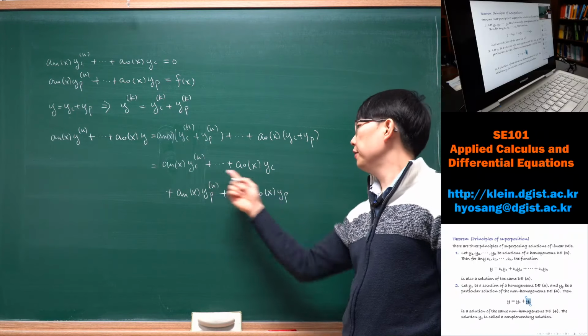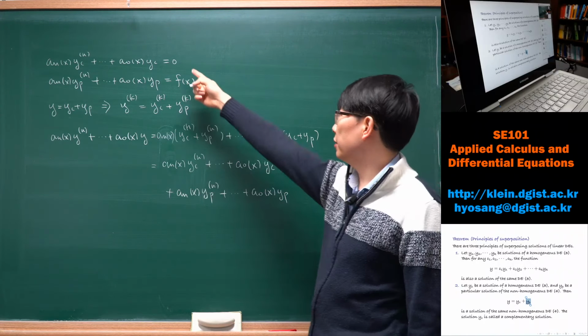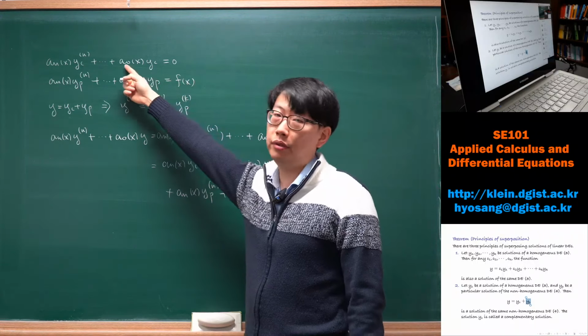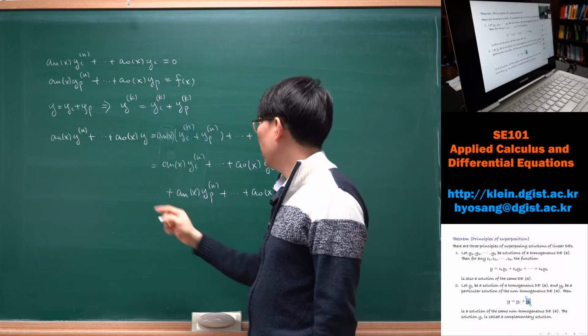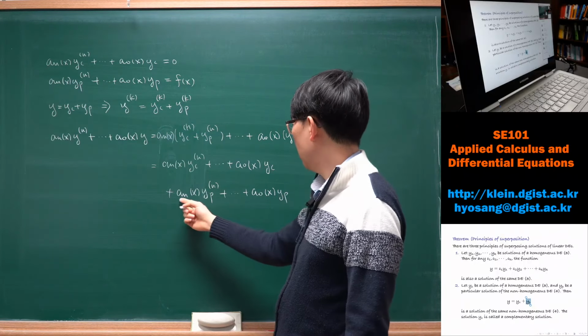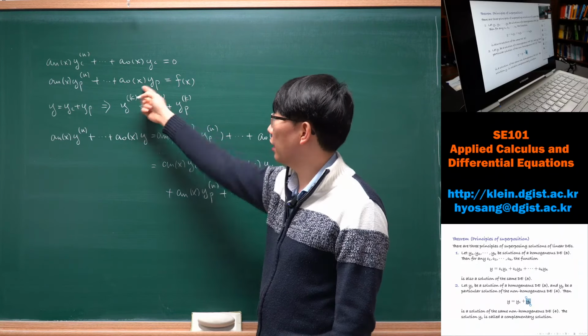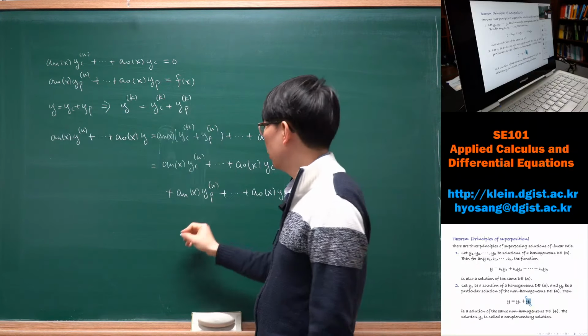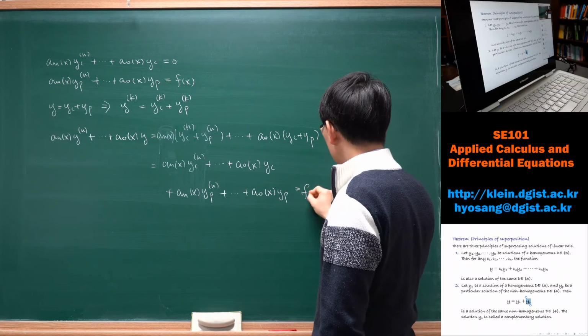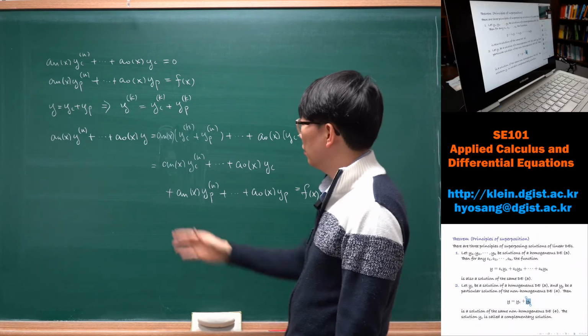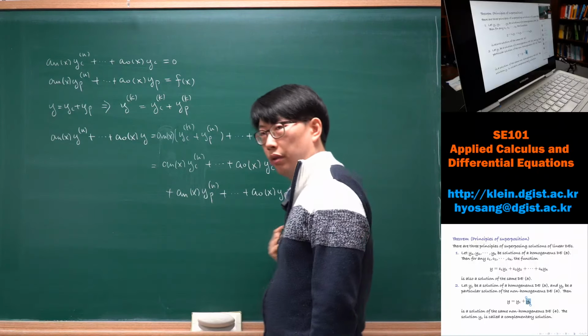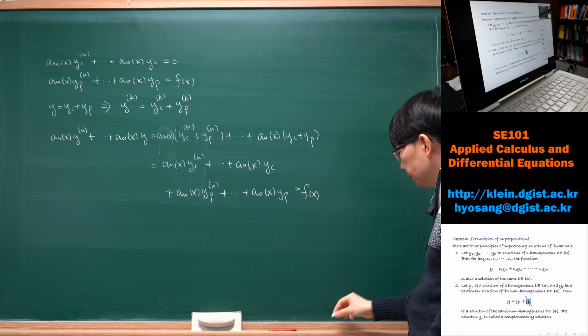So you see the first sum is exactly 0 because this is our assumption. So this part is always 0. And what about this part? It is f(x) because that's our second assumption. So this is equal to f(x). So y satisfies the non-homogeneous differential equation.